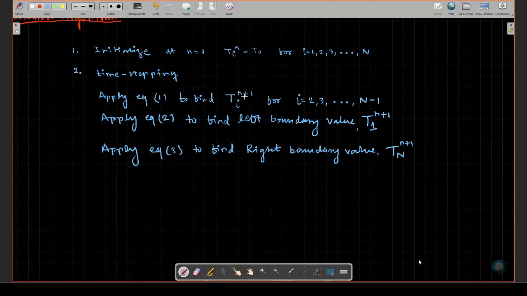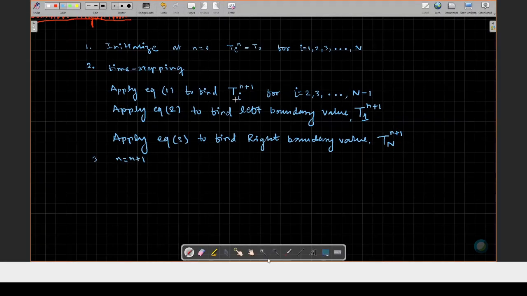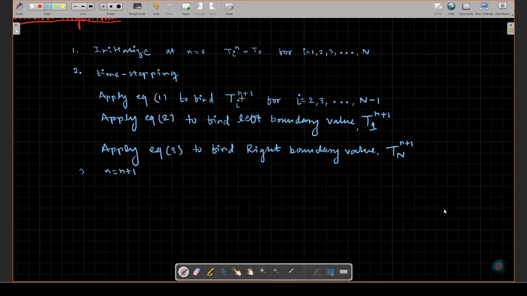So to calculate T_i^(n+1), you had the initial value, then you have to step again. The third step is to say n equals n plus 1. Initially at n equals 0, you calculate n plus 1. Now again you say n equals n plus 1. So now T2, T3, T4, T5 will start coming.